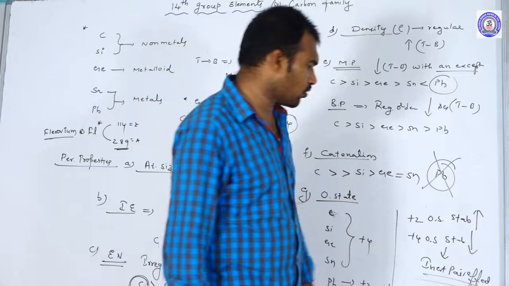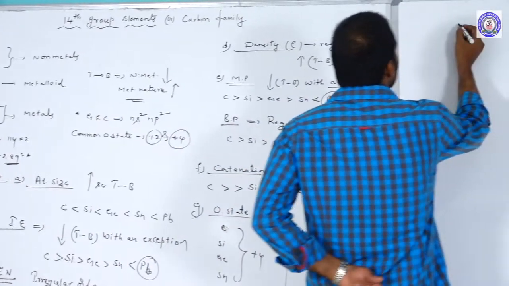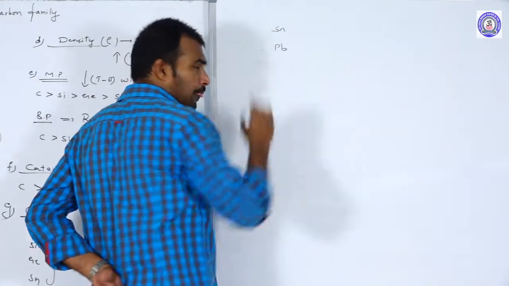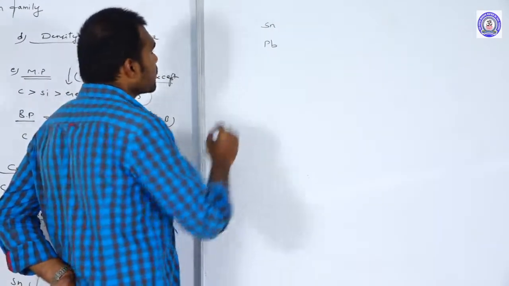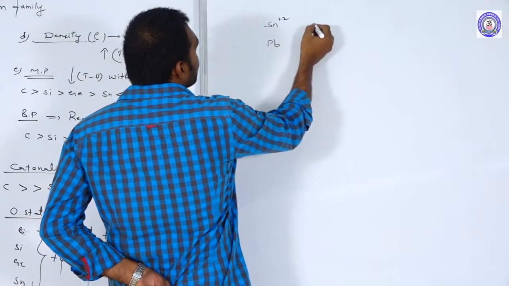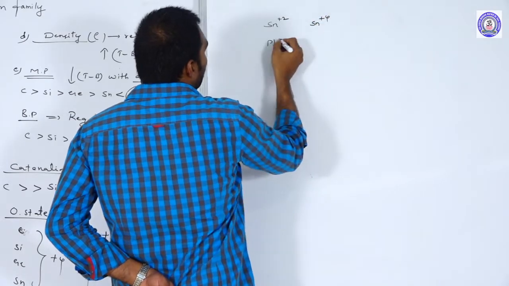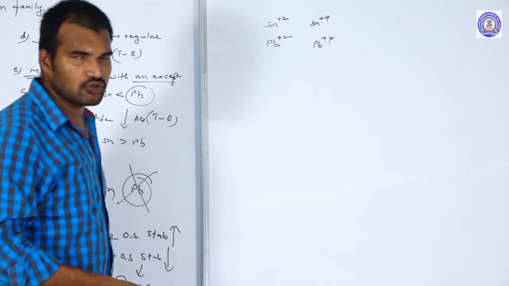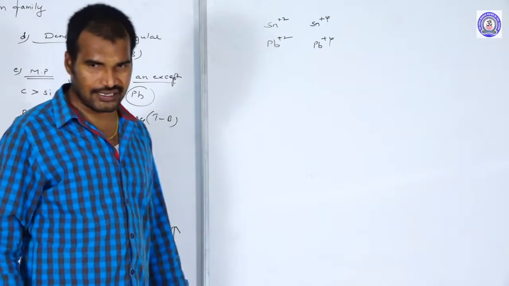Because of that reason, when you compare tin and lead, Sn+2 and Sn+4, Pb+2 and Pb+4, tell me which is a strong reducing agent and which is a strong oxidizing agent. Let us see.